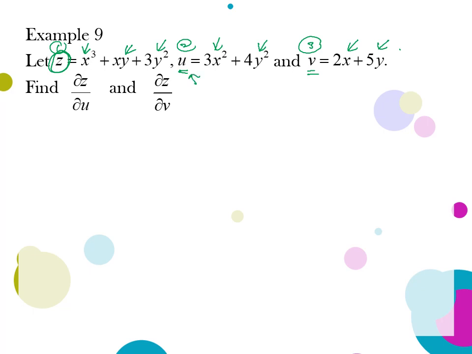Okay, the previous one, you have function z in terms of u, in terms of x and in terms of y. x and y is in terms of u and v.